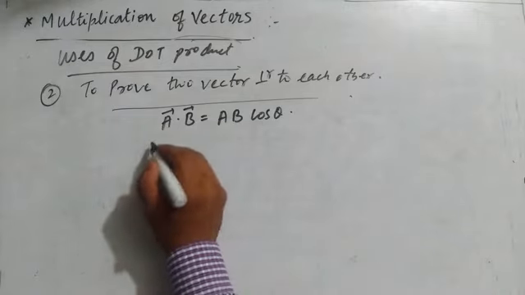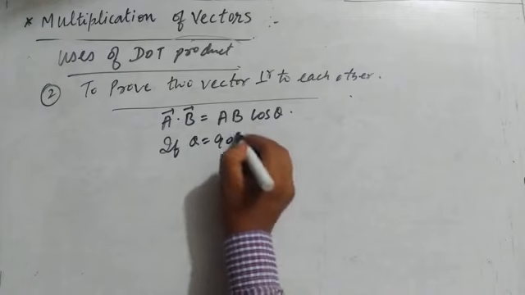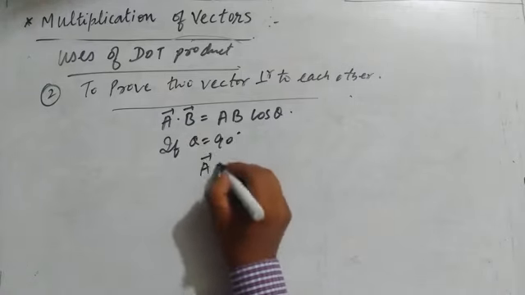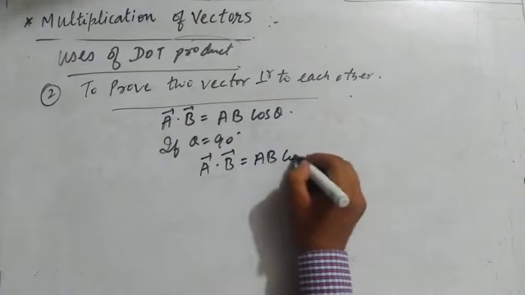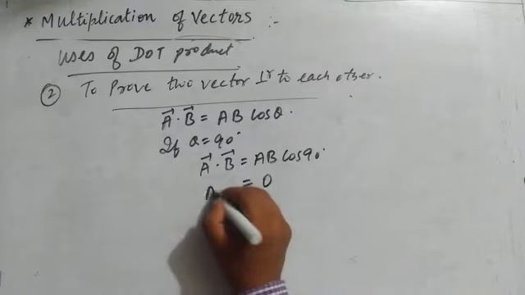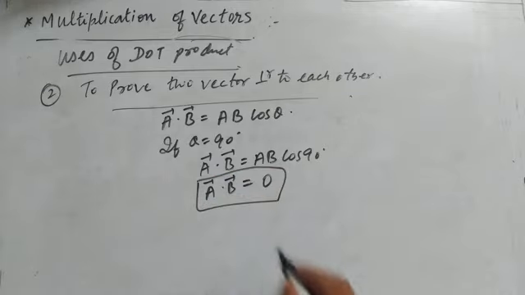So if theta equal to 90 degree, the dot product becomes A vector dot B vector equal to A into B into cos 90, and cos 90 is 0. So the dot product becomes 0.